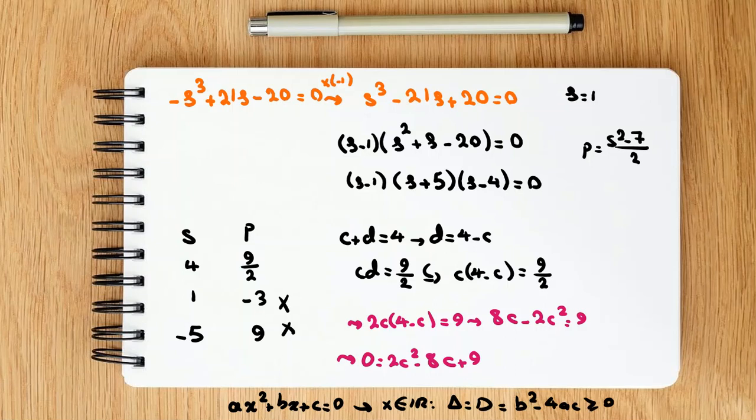Here we know C is a real number, so delta or discriminant should be at least 0. But negative 8 squared minus 4 times 2 times 9 is 64 minus 72, which is negative 8, and it is less than 0. So contradiction, it's not possible here. So we prove there is no answer for A and B.